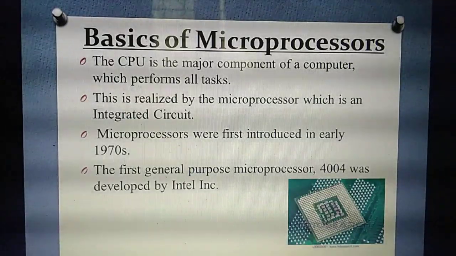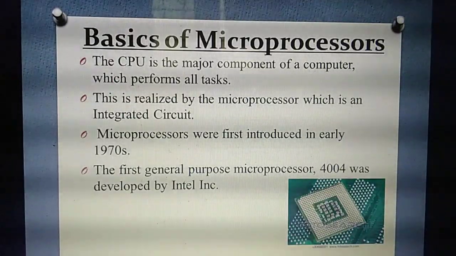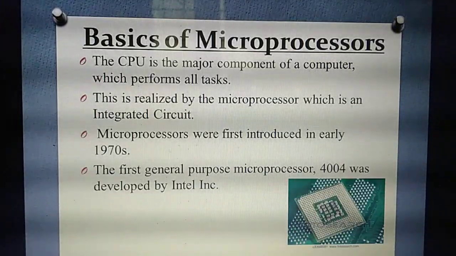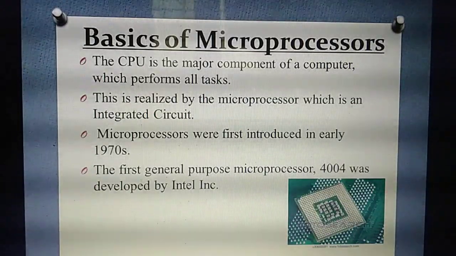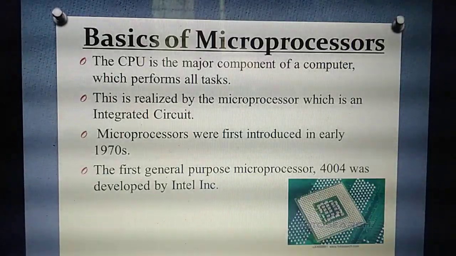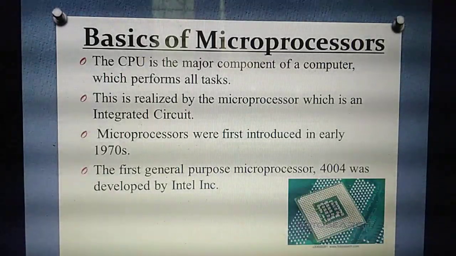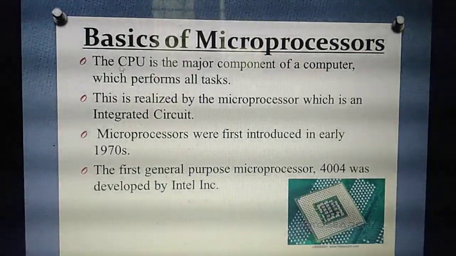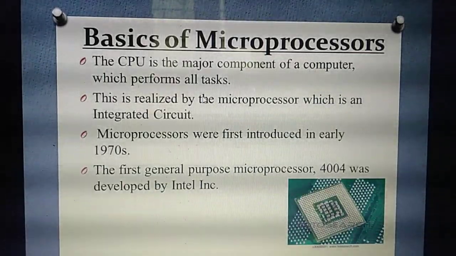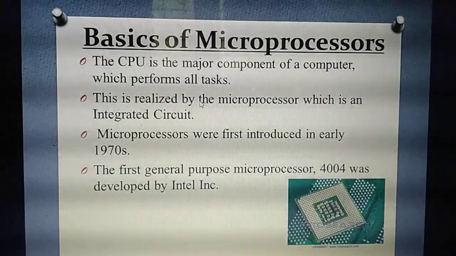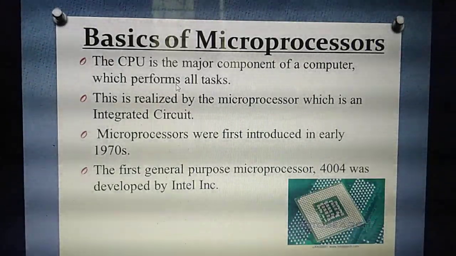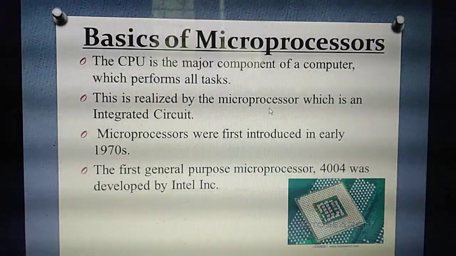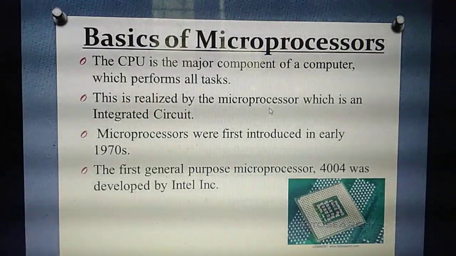Which is the major part of the computer that makes it perform all the tasks? CPU. This is one of the important one mark questions. When I say an important one mark or two mark question, immediately take the pencil and mark it. So the CPU is the major component of a computer to perform all the tasks.